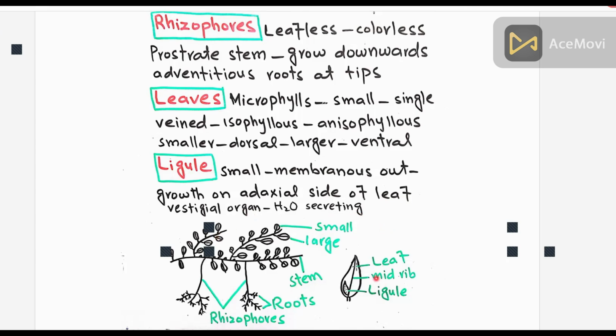This diagram is showing all the vegetative body parts of Selaginella, which include stem, roots, rhizophores, leaves, and structure of leaf, which includes a single midrib and a ligule.